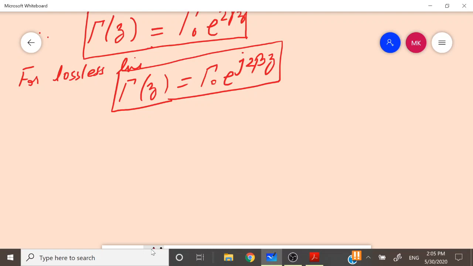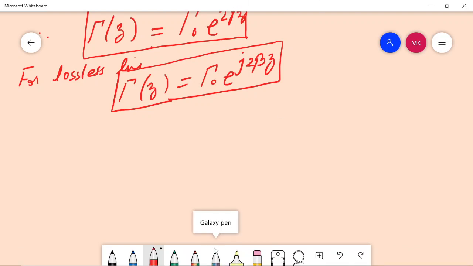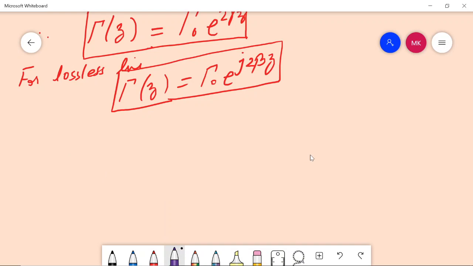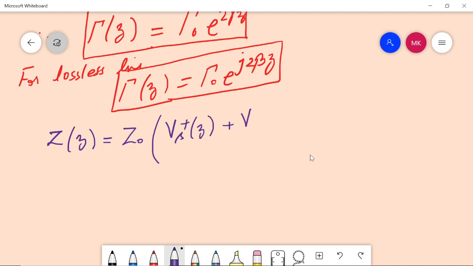So earlier we have the line impedance given as Z of z equals to Z naught times the ratio, Vs plus z plus Vs minus z over Vs plus z minus Vs minus z, and you can write this in terms of Vs plus z and Vs minus z.